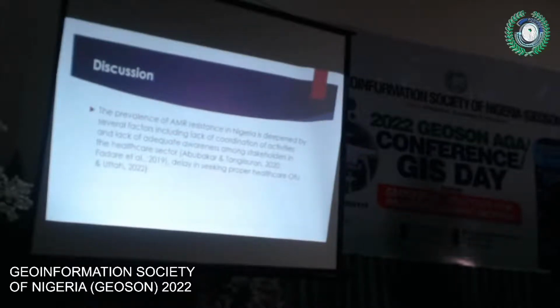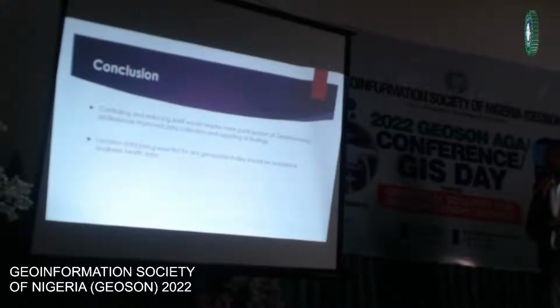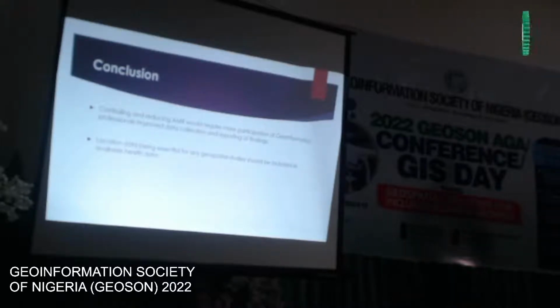We see that controlling and reducing antimicrobial resistance will require more participation of geoinformatics professionals and improved data collection and reporting of findings. We all live on Earth. There is nothing we will talk about without talking about the location where we come from. Even if you divide us, we're going to have certain diseases that are tied to where we come from.